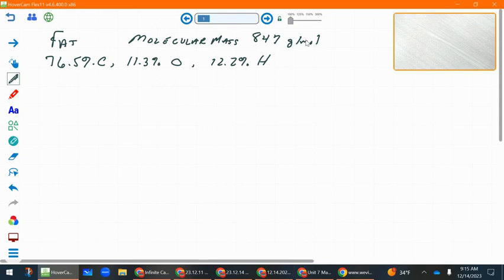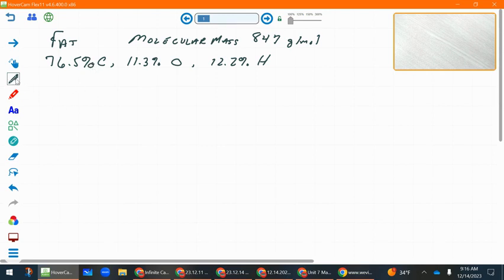If we're given a percent, we convert it to grams by doing what? If we're given percents like we are here, we convert them into grams how?